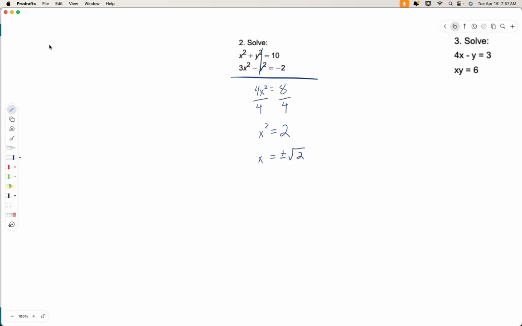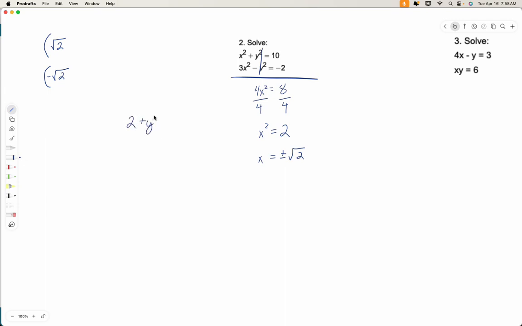So we're going to first set x equal to the positive square root of 2, and then we'll set it equal to the negative square root of 2. When it is the positive square root of 2, x squared is 2, right?